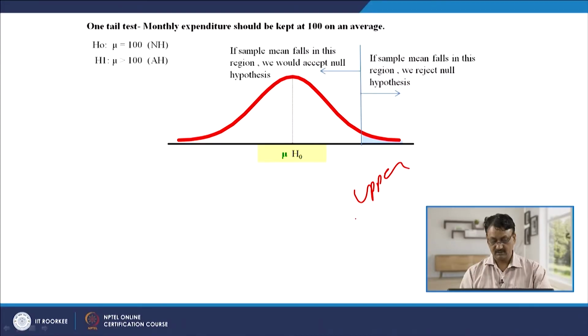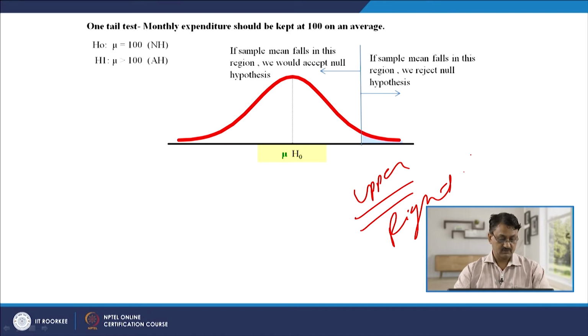One more example on one tail test, this is an upper tail test, right, or right tail test. So, in this example you are the manager of a particular sales area and there are let us say 50 salesmen working under your supervision, right, and you have given them a petrol allowance of 100 rupees per day.